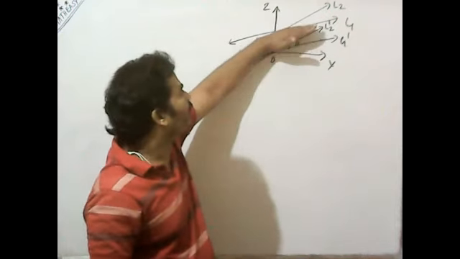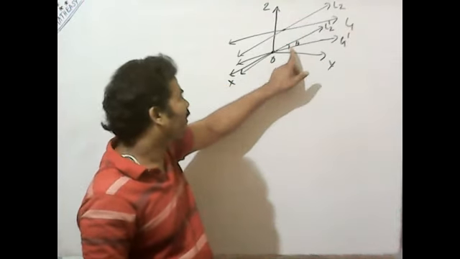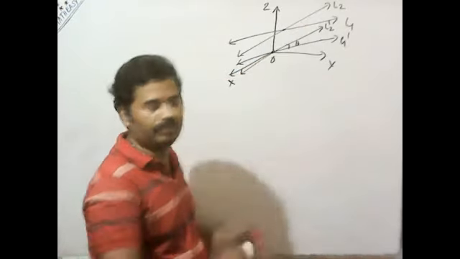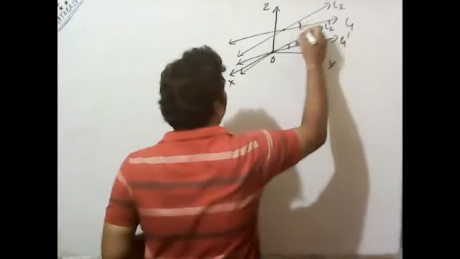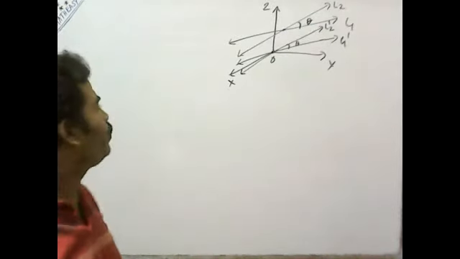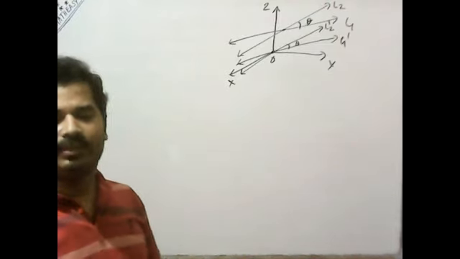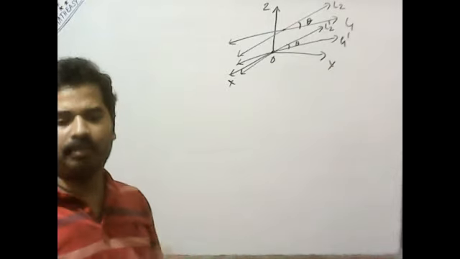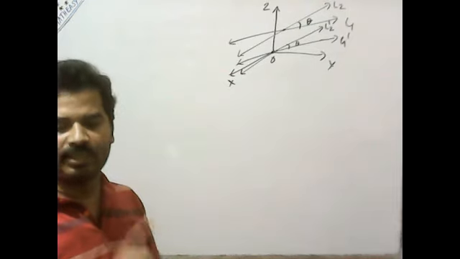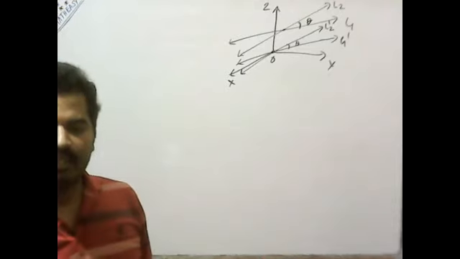That means these two lines are replicated here. So whatever the angle of these two lines is, the angle of these lines will be the same. So if two lines are not passing through the origin, what we will do? Simple funda: make two parallel lines which pass through the origin. After that you can find the angle by the same process.